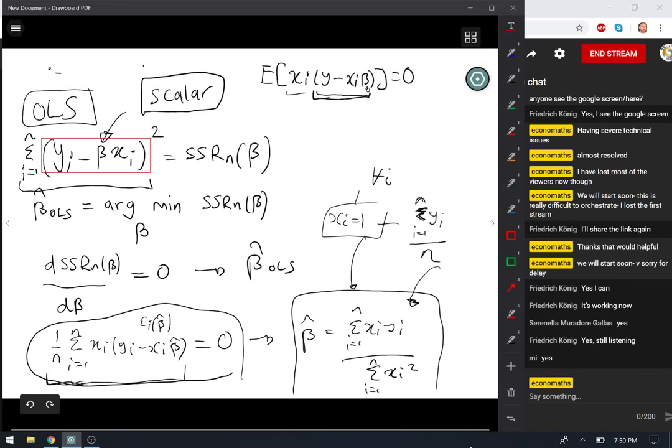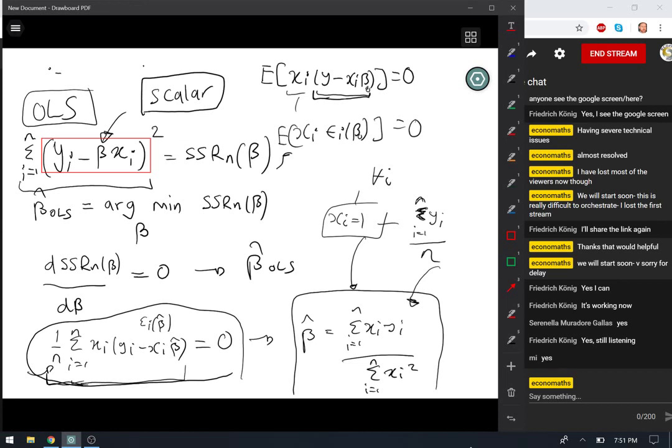It makes x statistically orthogonal to y minus x beta naught, this residual. This just says that xi times this residual at the projection vector, here a scalar, has mean naught. And this is in the population. This is the exact same thing. This just says that the sample average of x times the residual at the sample projection has mean naught.